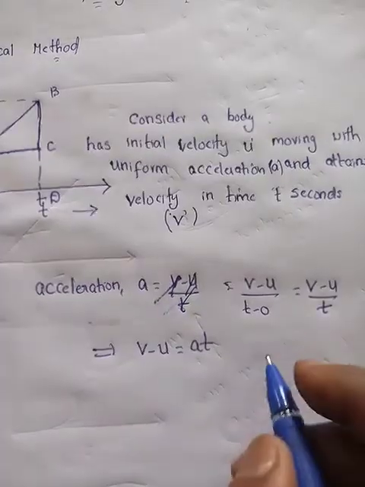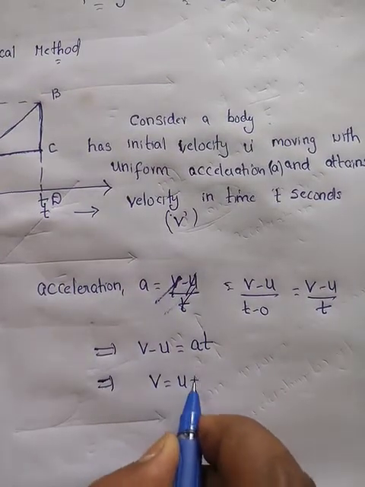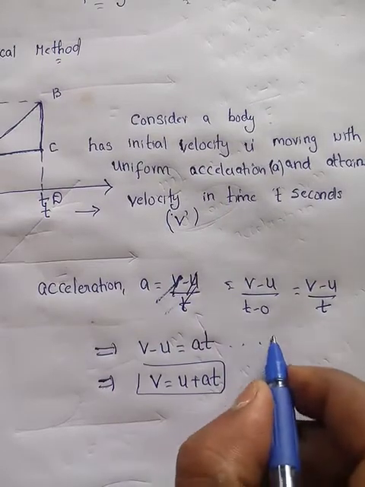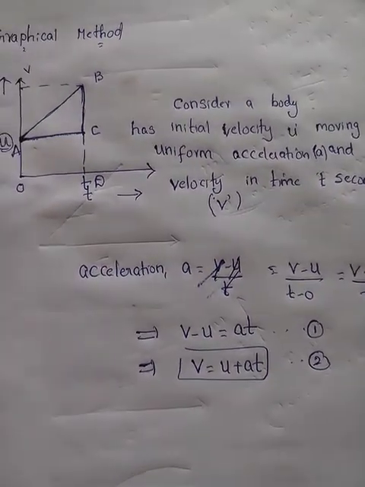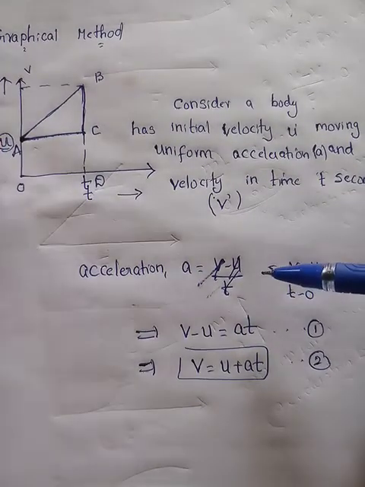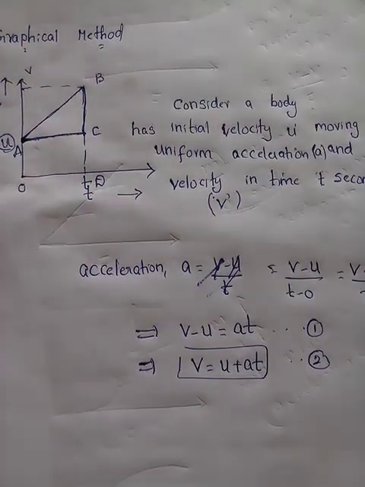So, sending t there, what do you get? V minus u is equal to at. That implies v is equal to u plus at. So this is called the first equation of motion, v equals u plus at. Simple, right? I want to calculate acceleration. What is this graph? VT graph. The slope of a VT graph gives acceleration.